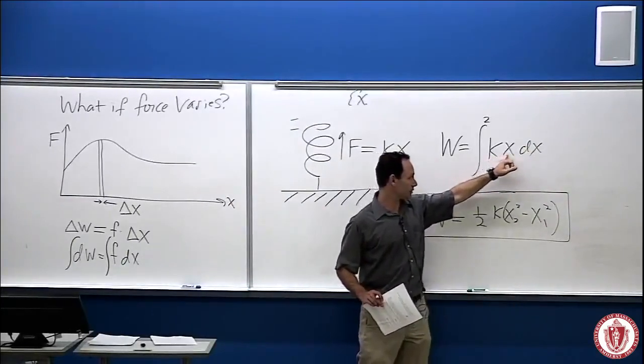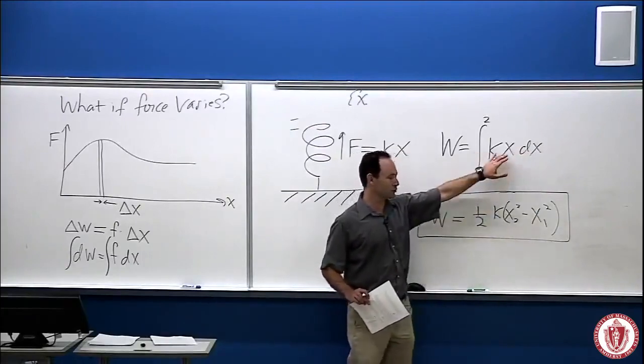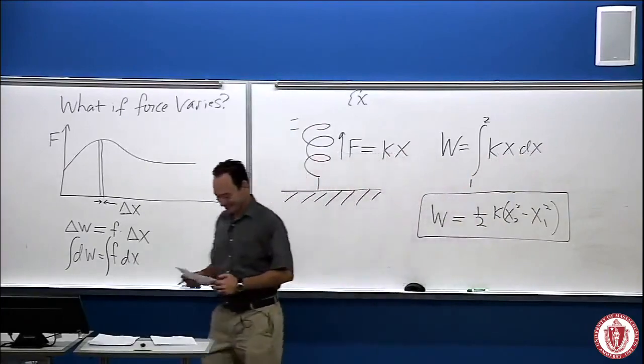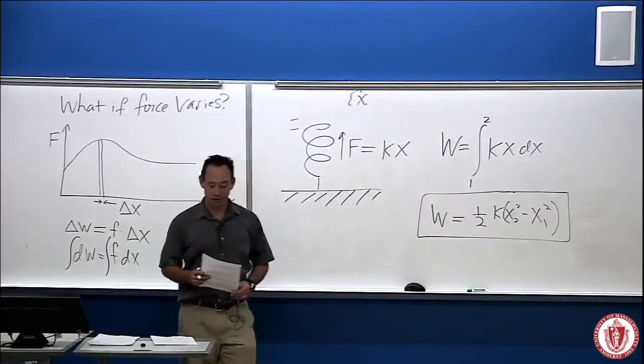All right, x dx is x squared over 2, and the k is just a constant, so it's along for the ride. Sorry, it's 1/2 k x squared. So this gives you your work. So the amount of work is nonlinear.